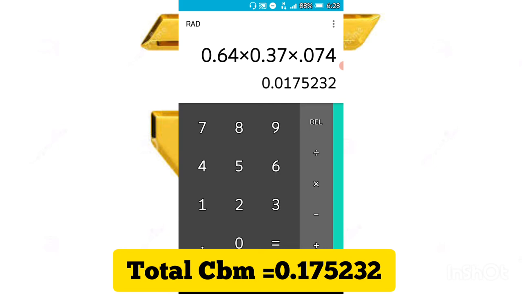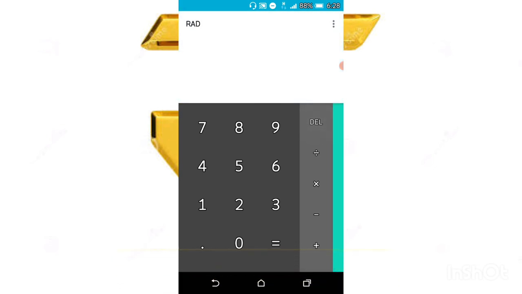So the actual CBM is 0.0175232. So for example, our shipping company said the CBM price is 1,000,000. So we are going to multiply it to get our final cost.